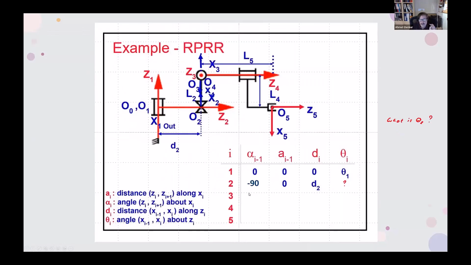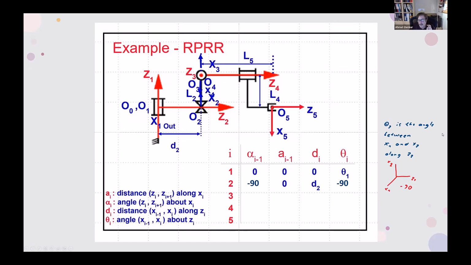So what's going to be theta 2? Let's again read from here.